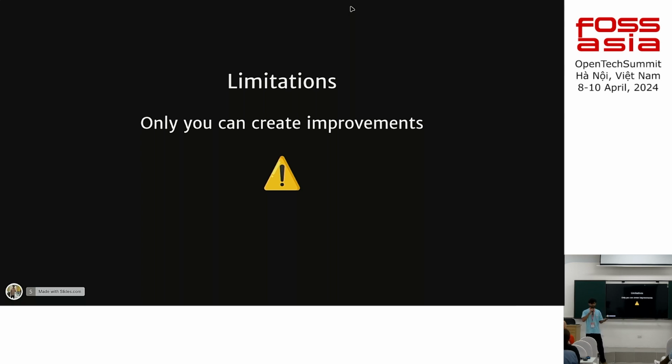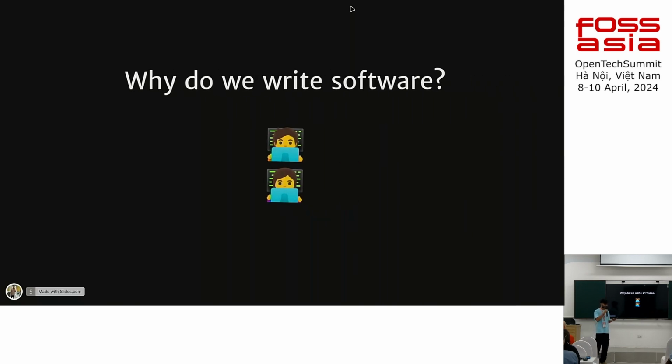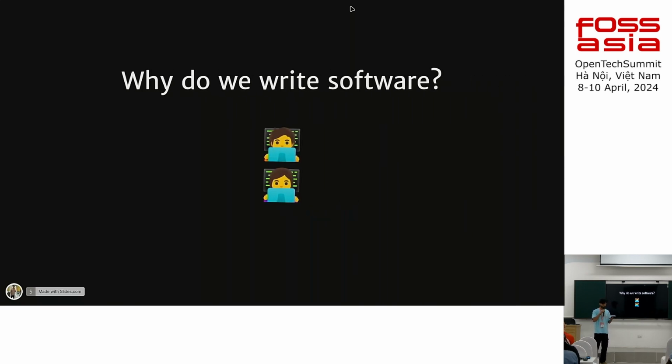So with this idea of keeping code copyrighted or making it open source, I always go back to this one question. As developers, we need to ask ourselves, why do we write software? I'm sure most of you are going to agree with what I'm going to say now.